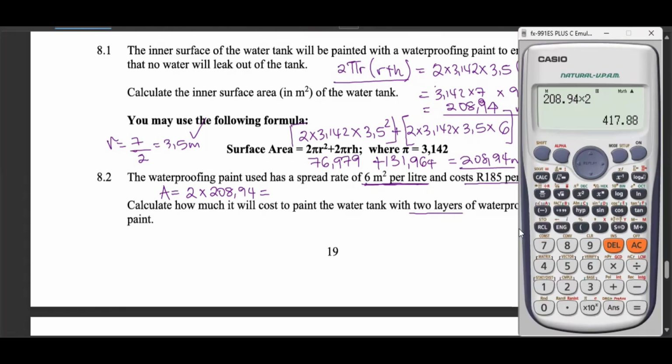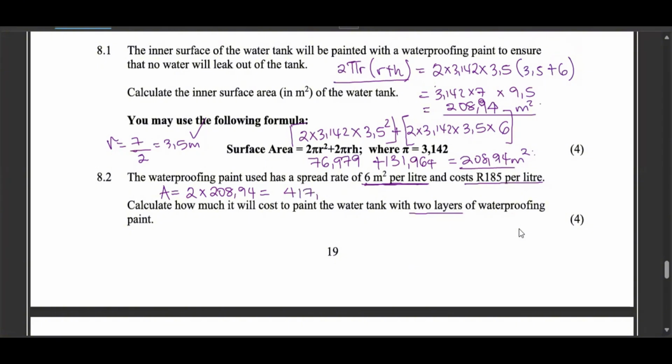The area to be covered will be 417,88 meters squared.